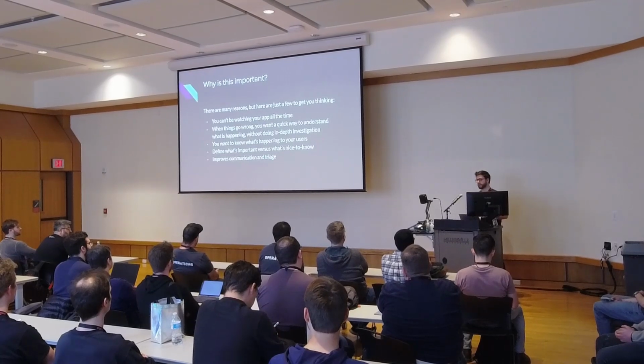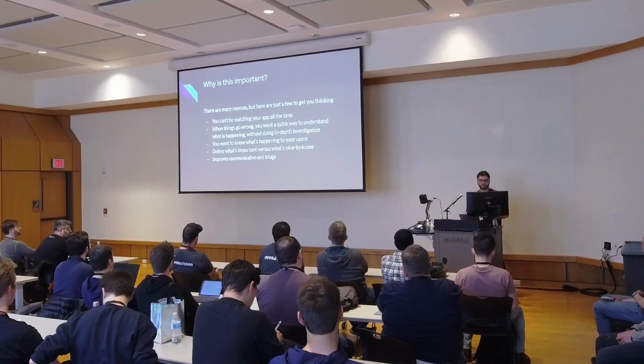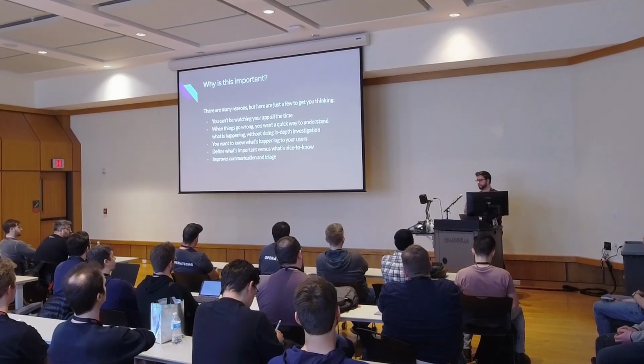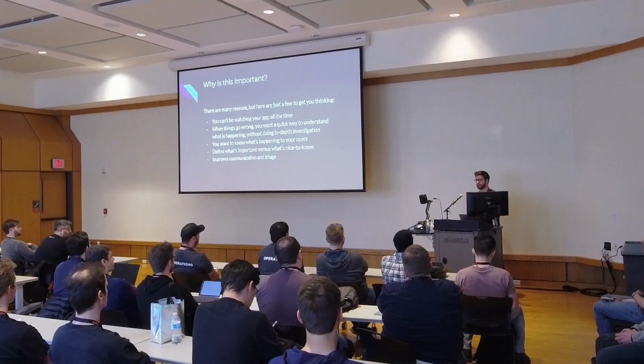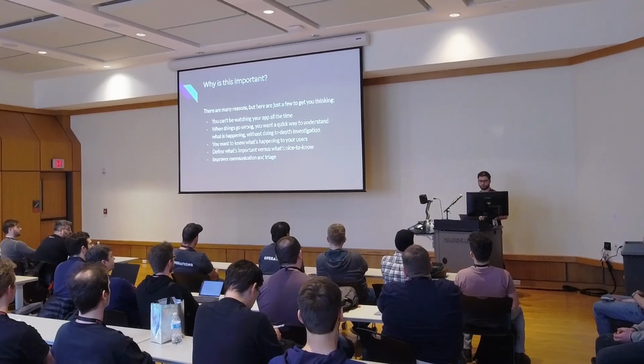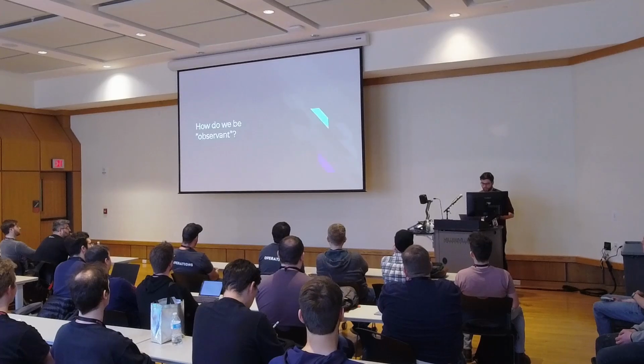You need to define what's important versus what's nice to know. We're going to dig into that in a little bit. And then you want to know what's happening to your end users, the people who are actually paying for the software, paying your company, paying your paycheck. It is incredibly important to understand what they're going through.